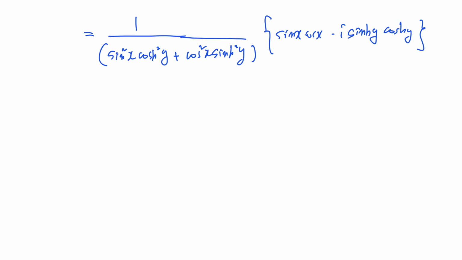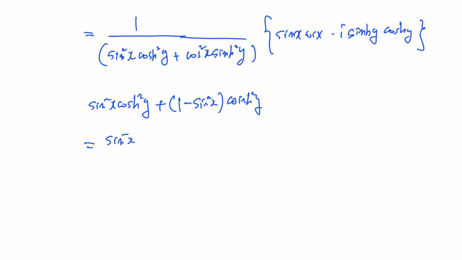Let's try to see that. Sine square x cosine hyperbolic square y plus cosine square x sine hyperbolic square y can be put into minus sine square x sine square y.